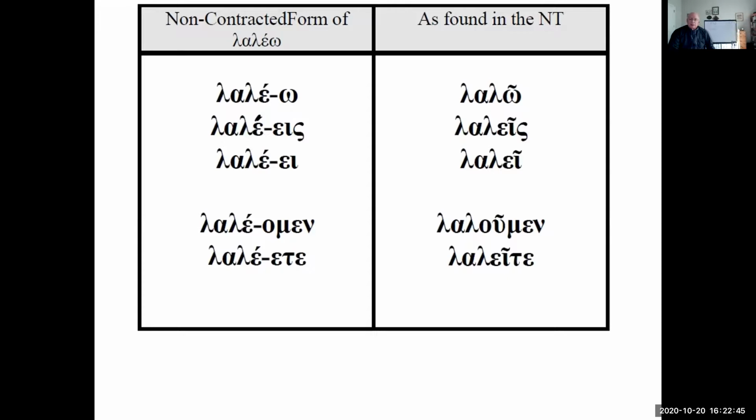But these are the only two places where, with epsilon omega verbs, the spelling changes. Instead of laleomen, we have lalumen. Instead of laleete, we have laleite. Again, in the third person plural, what happens is that it contracts, and the contraction is shown by the circumflex accent. The rest you can read in chapter 5. It's really rather simple to follow.